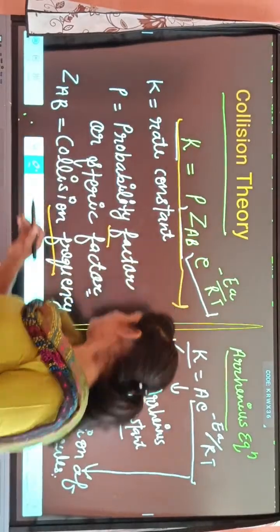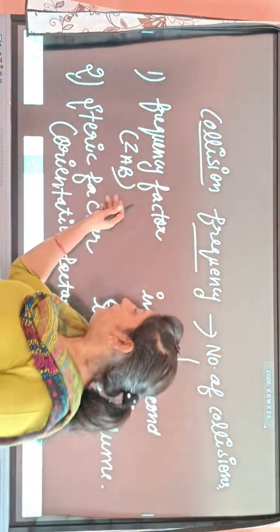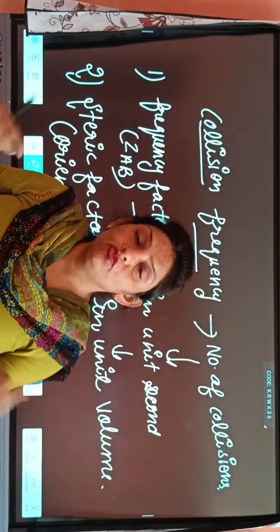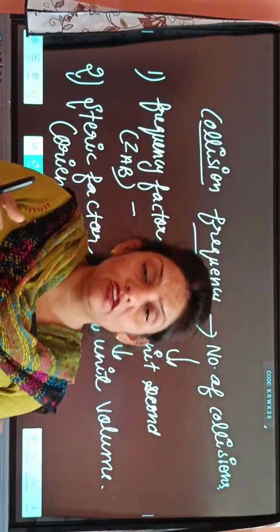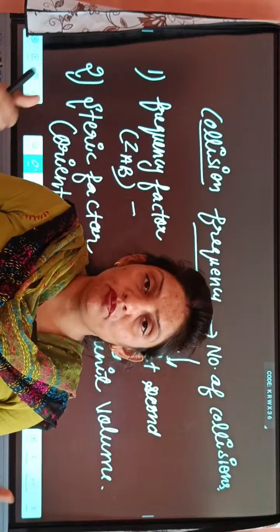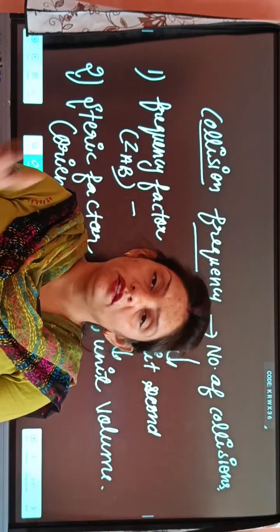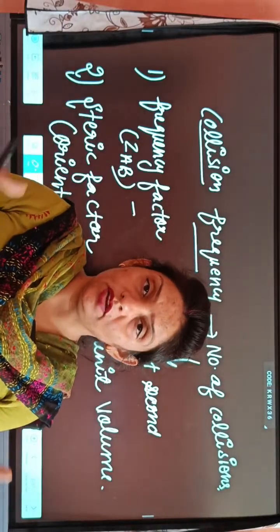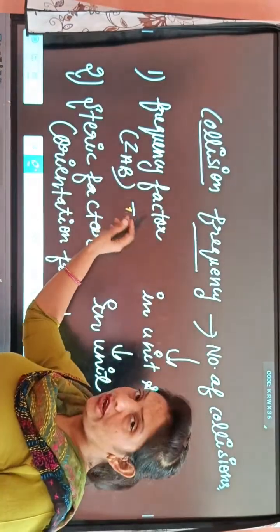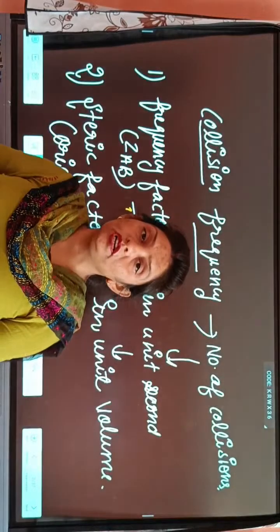What is the frequency factor here? Students, the frequency factor means that atoms and molecules collide with one another with a sufficient amount of energy, and if they do so frequently, then we will get the product, otherwise we will not. The second factor is the steric factor, or orientation factor.